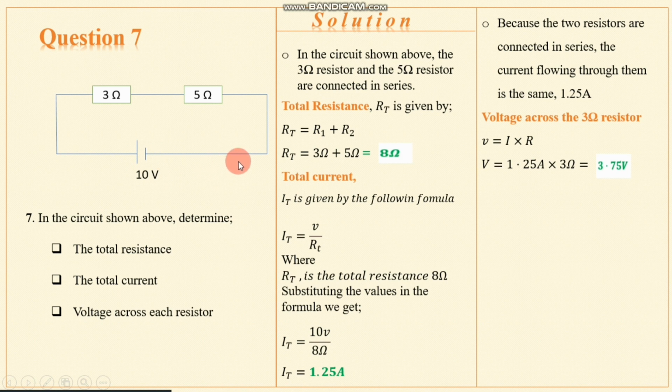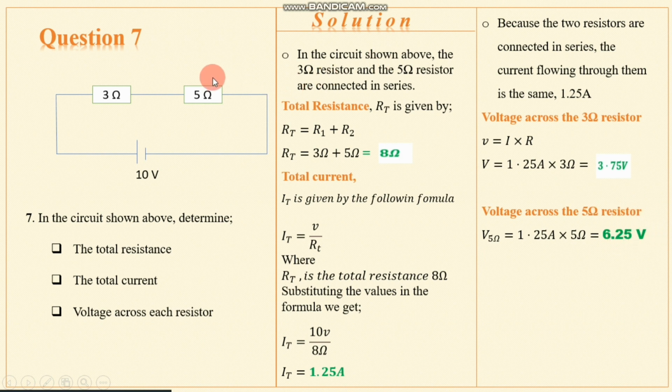But let us use the correct procedure, just like we calculated the voltage across the 3 ohm resistor. We apply the same formula. The voltage across the 5 ohm resistor equals current, 1.25 amperes, times 5 ohms, and we get 6.25 volts. If we add 6.25 volts plus 3.75 volts, we get 10 volts.